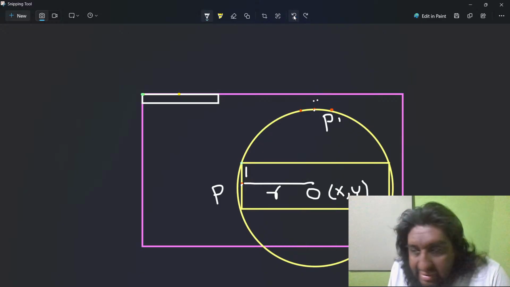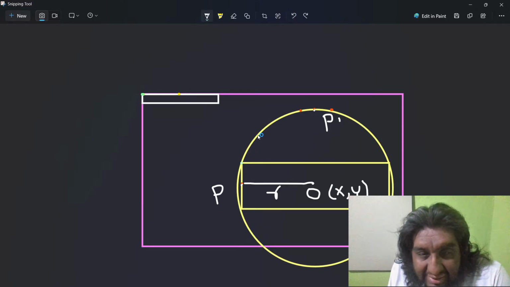Well, it's not the case that the user will be rotating 90 degrees all the time. What happens if the user happens to rotate 45 degrees? We will not be able to add on x. It will not work. We will end with this.